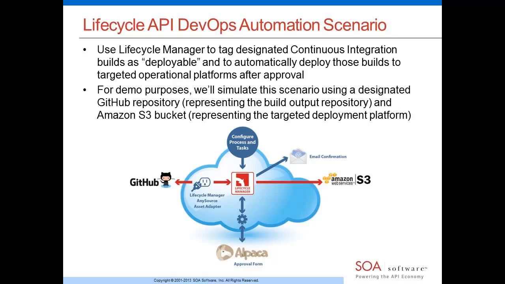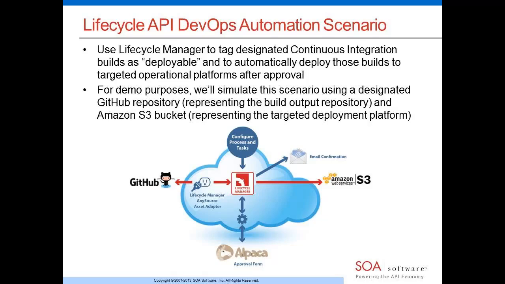And then lastly, another example that you might be interested in, a specific example we're going to demonstrate today, is a DevOps automation example. So, what do we mean by a DevOps automation scenario? We're going to simulate a tagging and approval process for a continuous integration type environment.